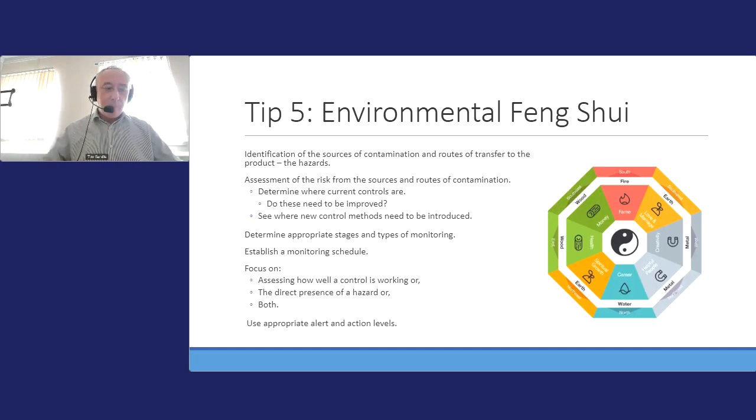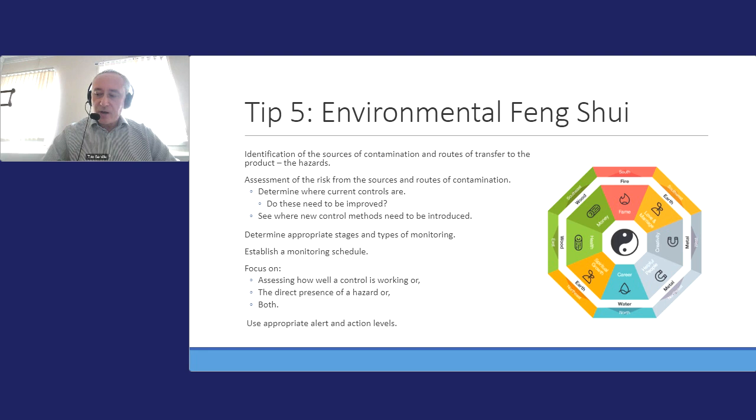Okay, the fifth tip. So this one I've headed environmental feng shui. But by this one, I'm really talking about risk-based decision making and the application of quality risk management into our facility design and trying to establish appropriate levels of control.